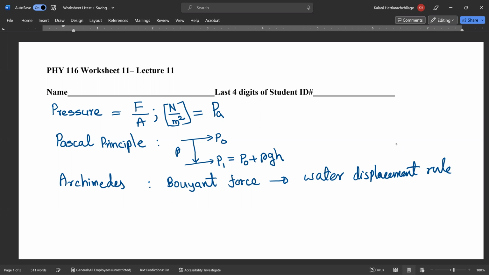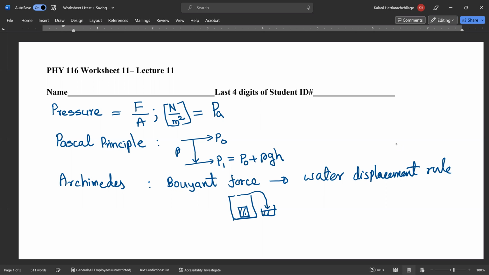What that means is, if you have a beaker filled with some liquid, we'll say water in here. Now, I plan to drop some object in here. Everybody knows what will happen: some of the water will be displaced.